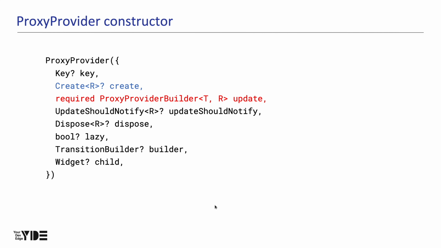So create can be called only once and update can be called multiple times. And the reason create is optional here is that if there is an object it needs to handle itself, it needs to be created. But if the role of the proxy provider is to create only computed values, there is no need to use create.